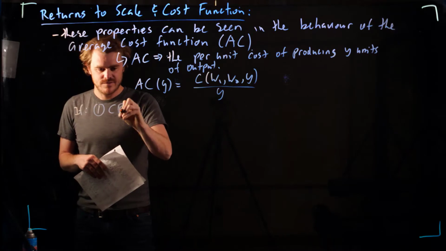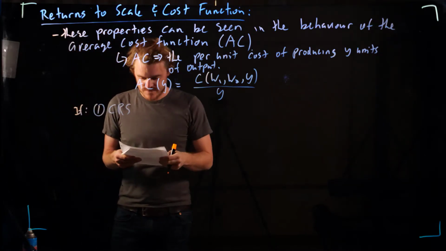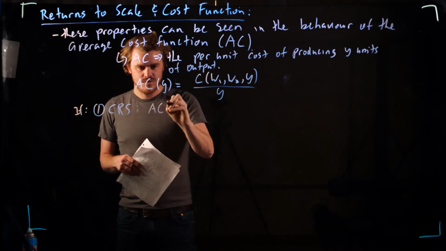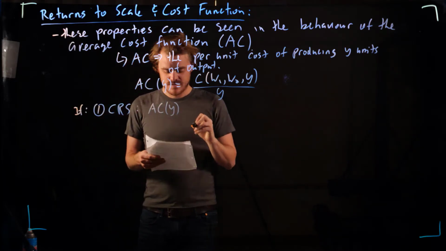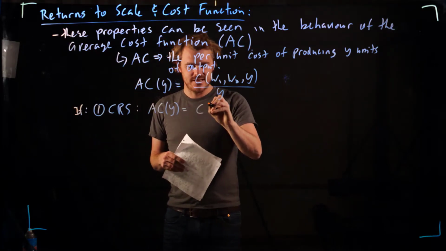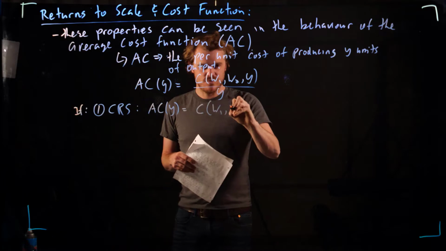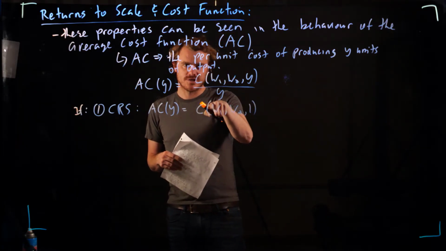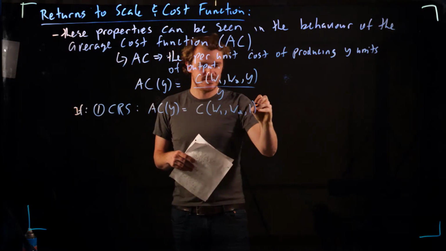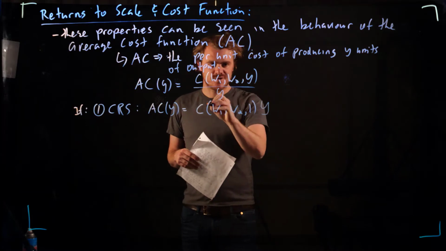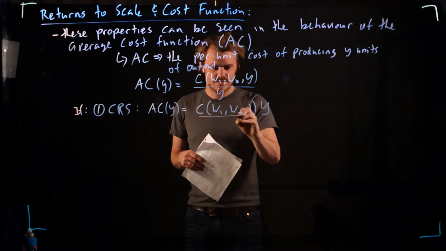If we have constant returns to scale, then AC(Y), the average cost of producing Y units, is just going to be C(W1, W2). Here's that unit cost function, the cost of producing one unit. And we saw that if we multiply that by Y, we get the cost of producing Y units.